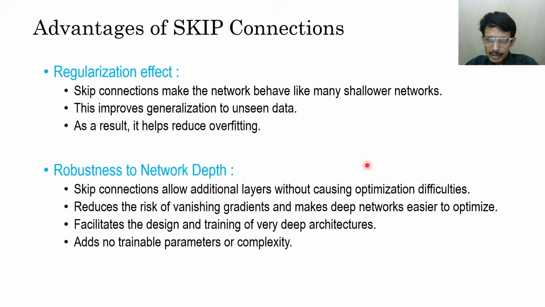So within a skipping block, there is a shallow network. And this has the effect of improving the generalization on unseen data, because it is basically an ensemble of different networks. The more different networks we use, the more generalization we get. As a result, it helps to reduce overfitting.